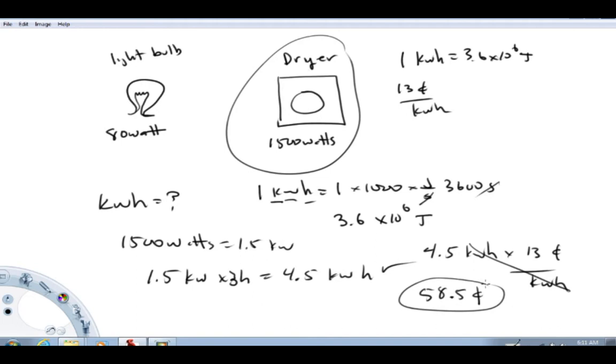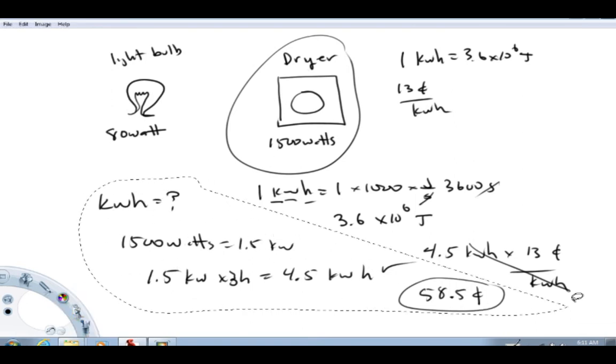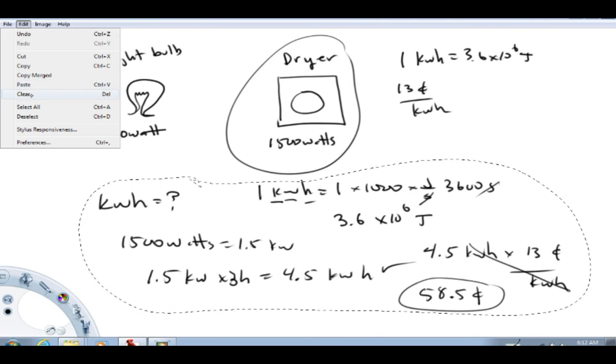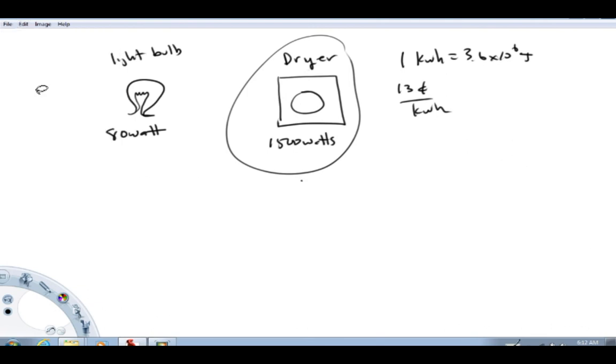Let's go ahead and do a light bulb example. I'm going to clear these off here. All right, so this light bulb example. We've got this 80 watt bulb, which, if I write that in kilowatts, is 0.08 kilowatts.